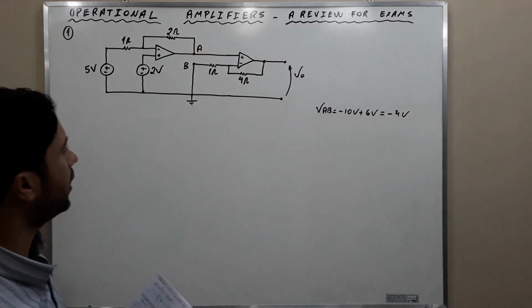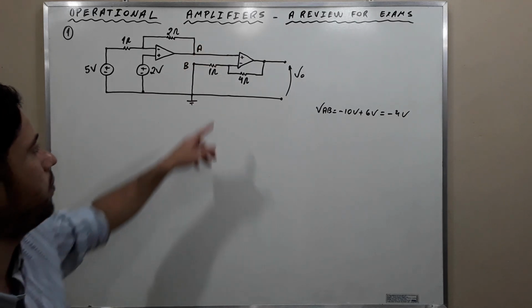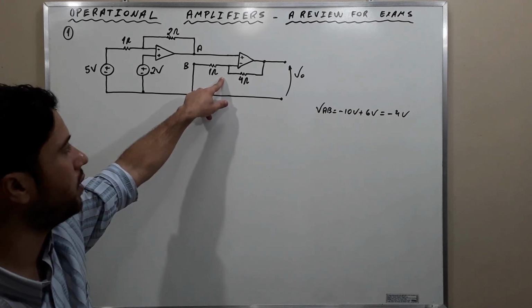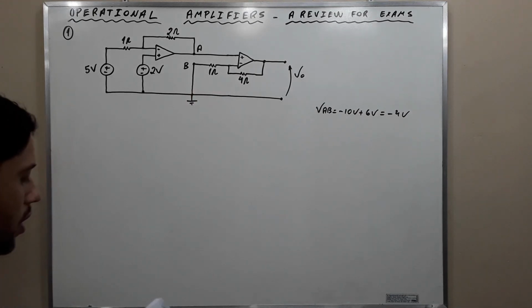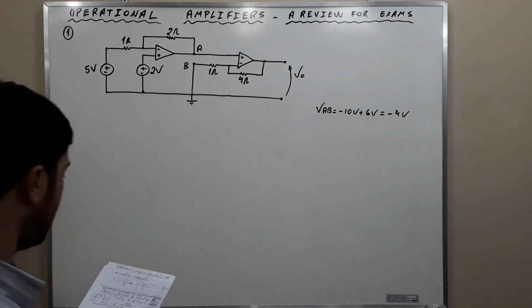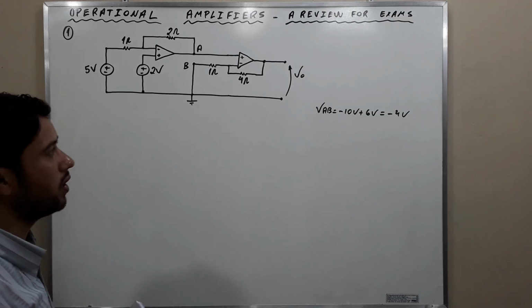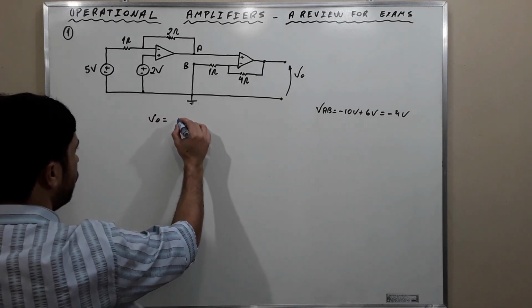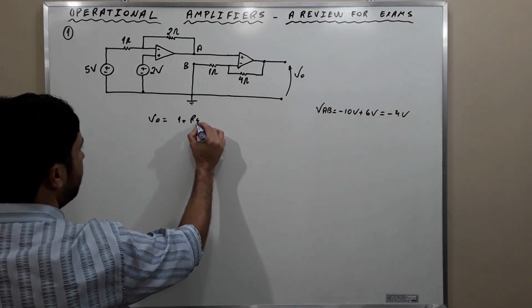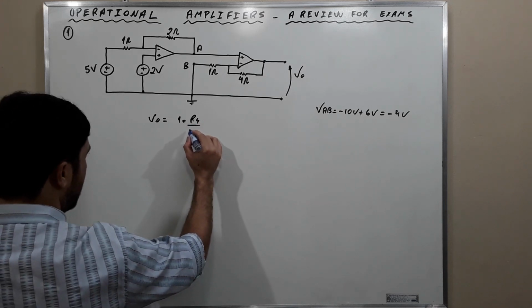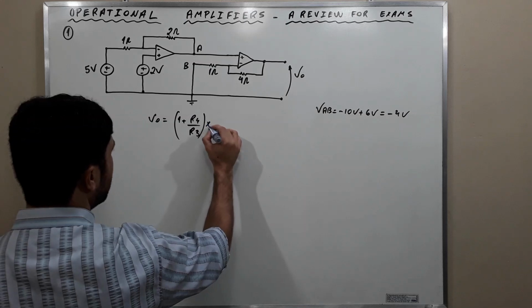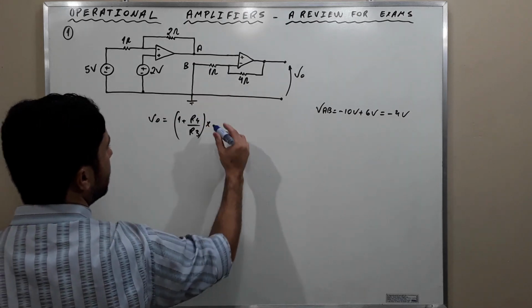Then we can affirm that this second operational amplifier is connected in the non-inverting configuration, and thus the output voltage VO is equal to 1 plus R4 over R3 times this voltage here that we found, VAB.